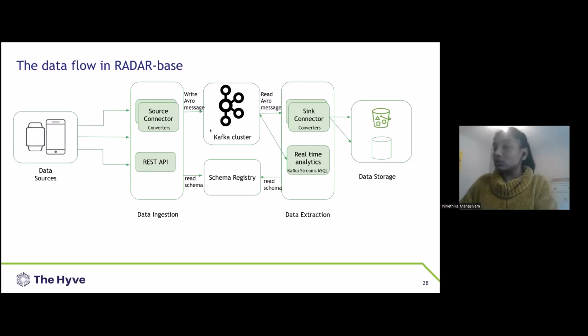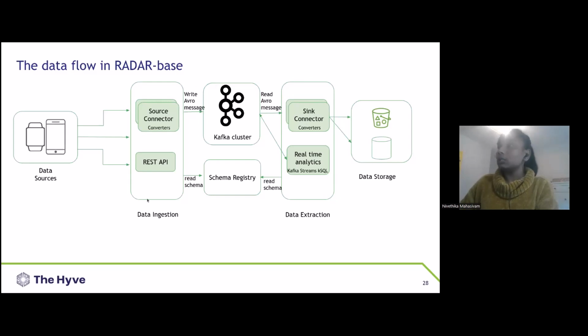And these source connectors also check with the schema registry to get the right schema that's registered for that particular data stream or topic. On the other hand, when it comes to data extraction, you have sync connectors. The sync connectors will work with the schema registry to read the data and then deserialize the data that it has read from the Kafka brokers.